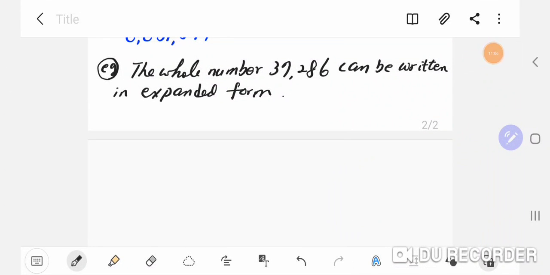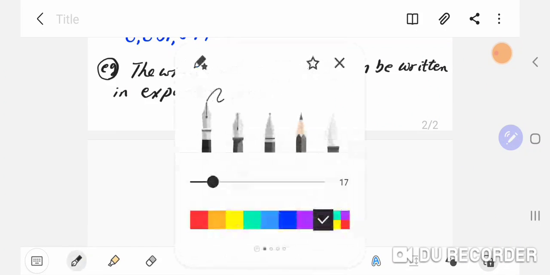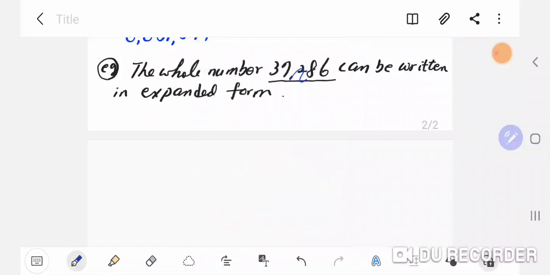Okay, the whole number 37,286 can be written in expanded form. How do you read this number? This comma is thousands, so 37,286, right?